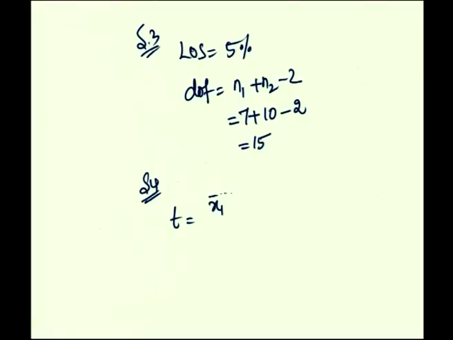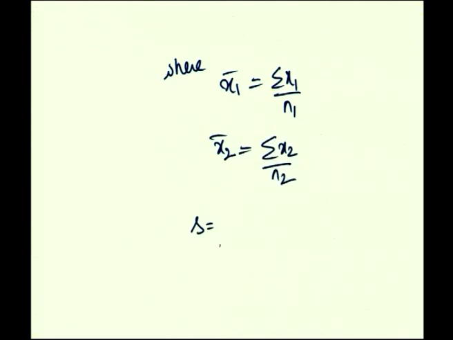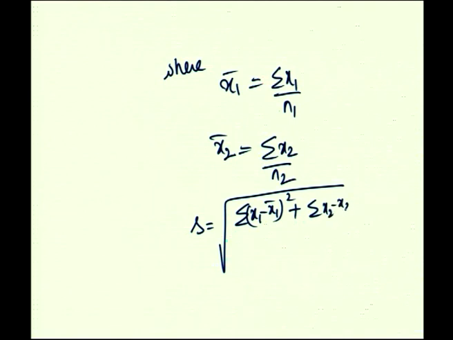The t formula is t equals x1 bar minus x2 bar divided by s into root of 1 by n1 plus 1 by n2, where x1 bar is equal to summation x1 by n1 and x2 bar is equal to summation x2 by n2, and s is equal to root of summation x1 minus x1 bar whole square plus summation x2 minus x2 bar whole square, by n1 plus n2 minus 2.